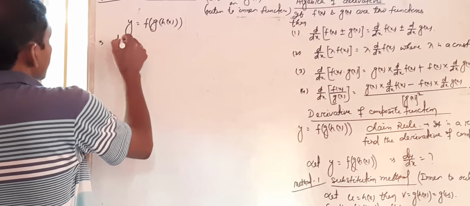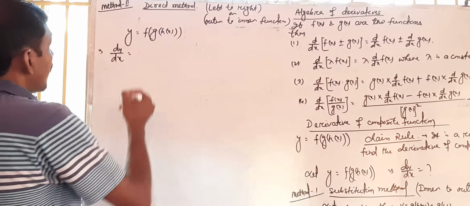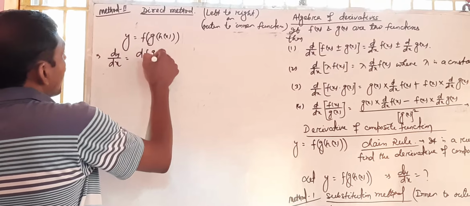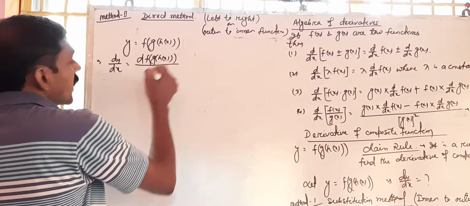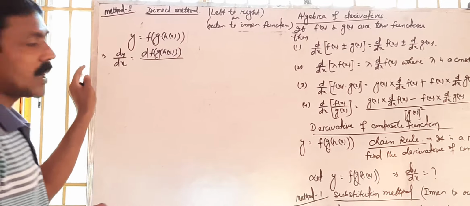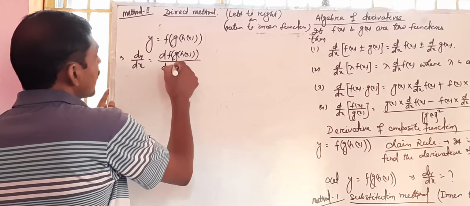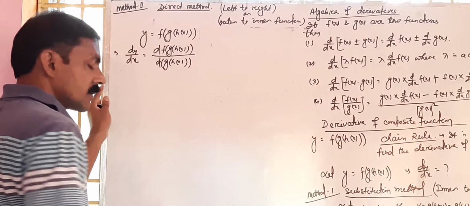So this implies dy by dx. First you will write the whole thing, that is derivative of f of g of h of x with respect to, you first leave the first function, the outermost function. So f will be deleted, so remaining is g of h of x.